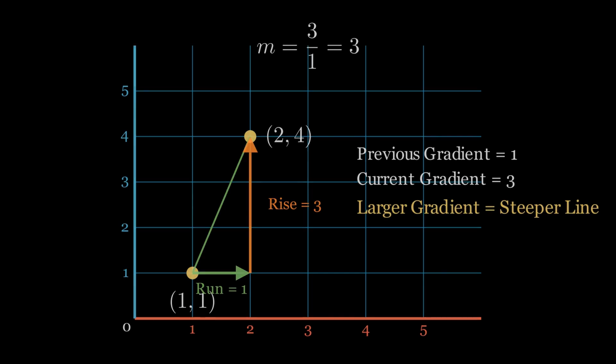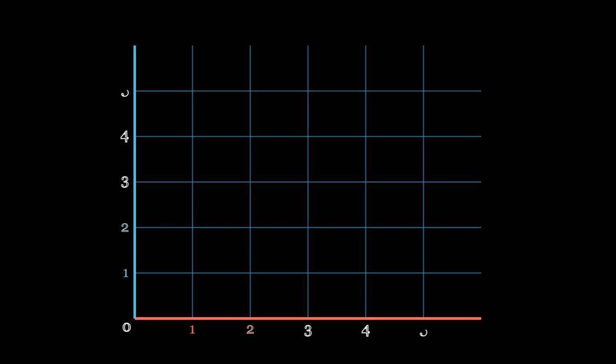Sometimes the gradient might be negative. Let's consider this next line. As we move from left to right, the line goes downward.